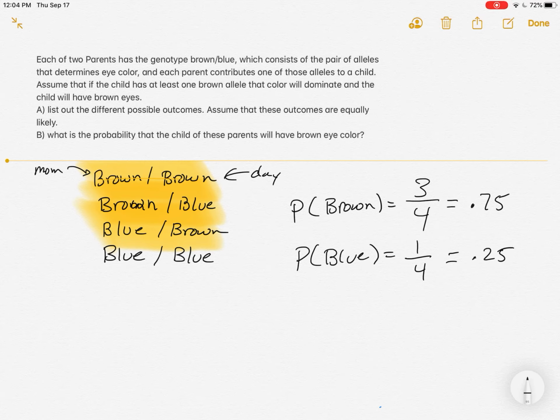So somebody could look at this and say, "Whoa, it's super unlikely that they're going to have blue eyes." We don't want you to say that. We have a definition of unlikely. They're going to ask if things are unlikely to happen.